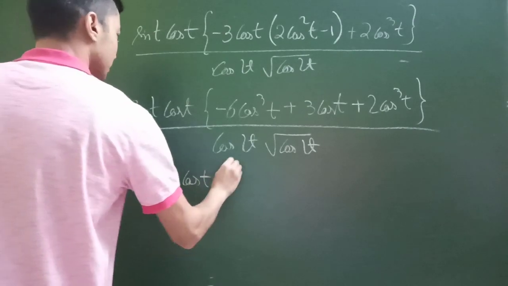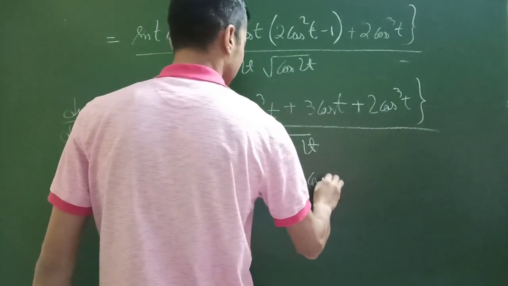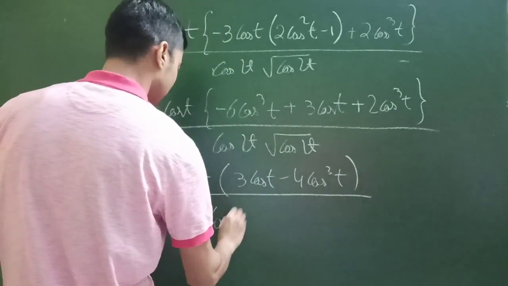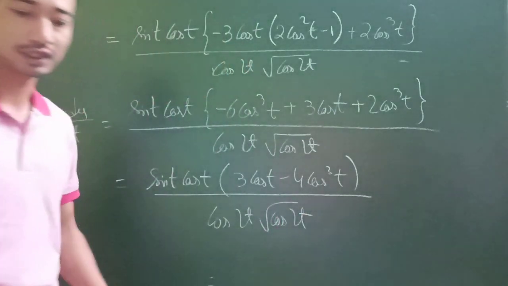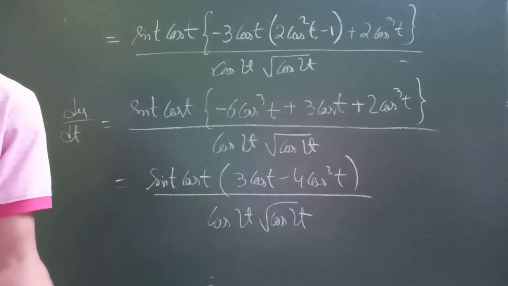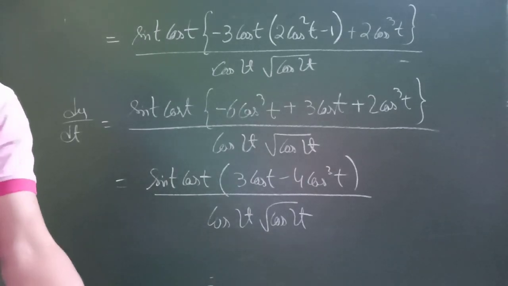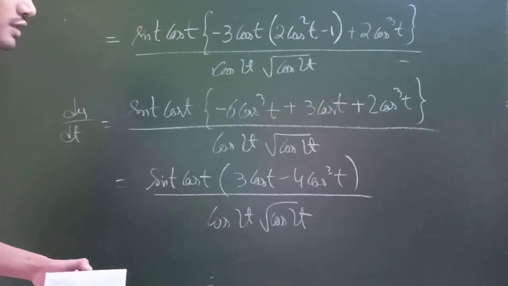Sin t cos t, 3 cos t minus 4 cos cube of t, divided by cos 2t root over of cos 2t. Written? If not, you can pause the video here for once and write it down. Okay, you paused? Let's go.